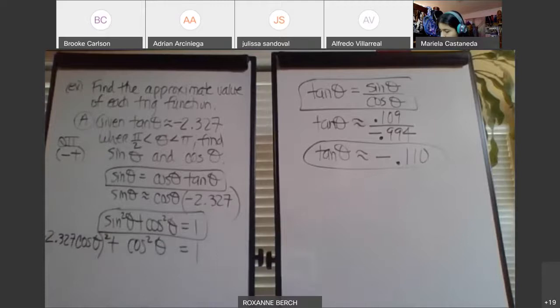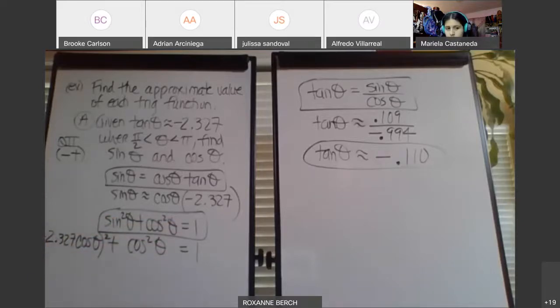Because I can't do anything with what I have, I took out this sine squared and I put this in and squared it. I took negative 2.327 and I squared it. I substituted. I took that out and I put this in, and this is what's left over.